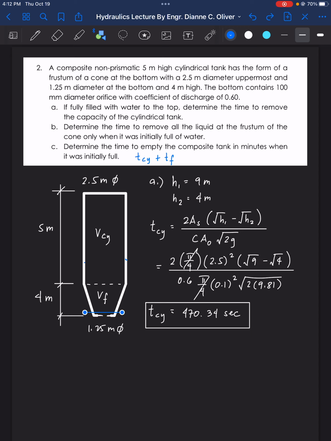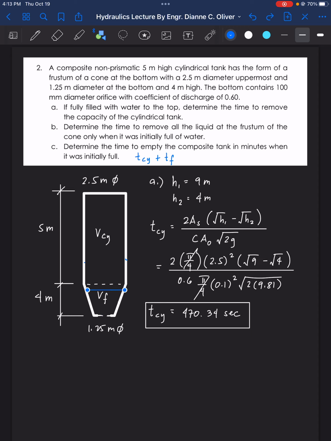Now here is the challenge. The surface area is no longer uniform. Unlike the water level while it's still in the cylinder, which has a uniform surface area, the same surface area, when it reaches the frustum of the cone, the surface area changes.